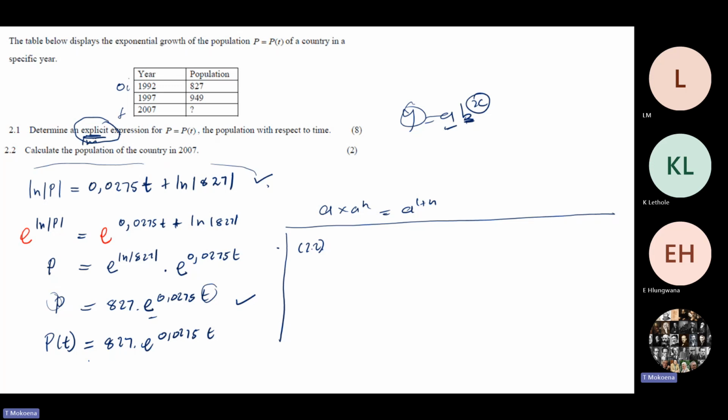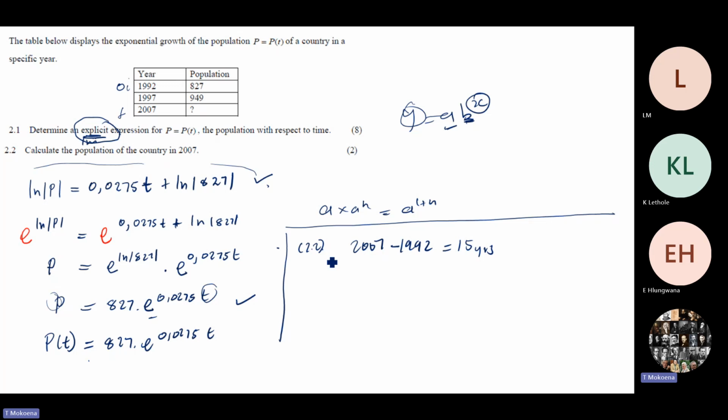It's simple. Take your calculator, say 2007 subtract 1992. Basically, you're going to get 15 years. You understand? So meaning we want to understand what will be the population in 15 years starting from 1992.